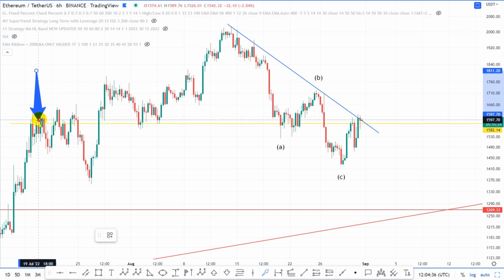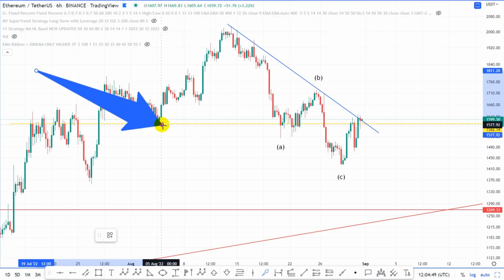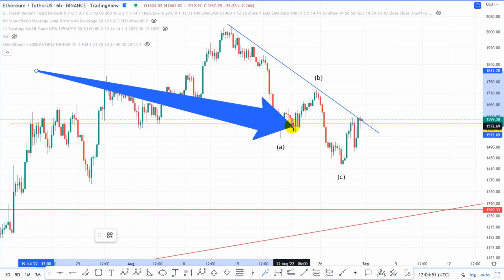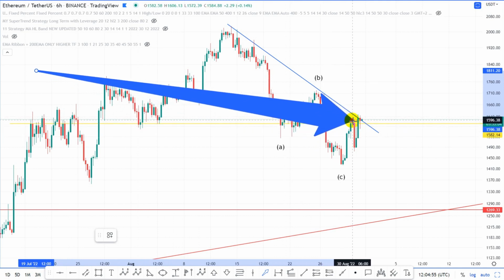Then here another retest, finally got broken, and here it was twice rejected, and now the retest here, same thing here and here, and also look all over the way, and even here it was rejected, but now the price is actually staying above it.